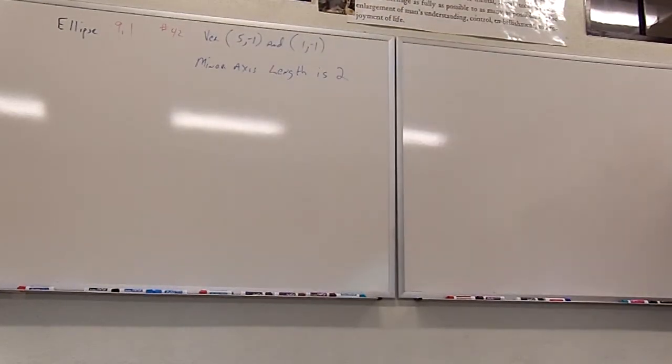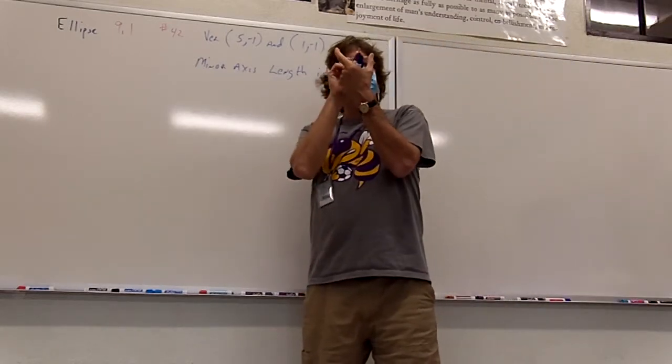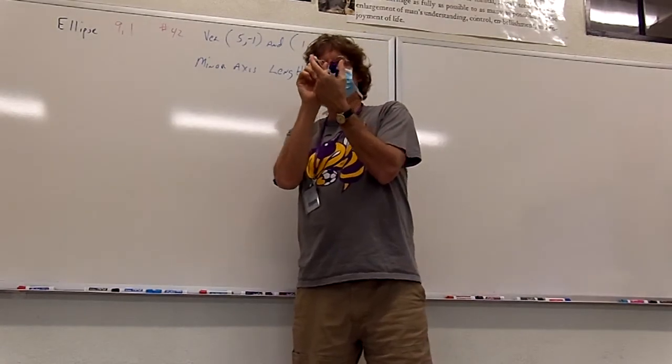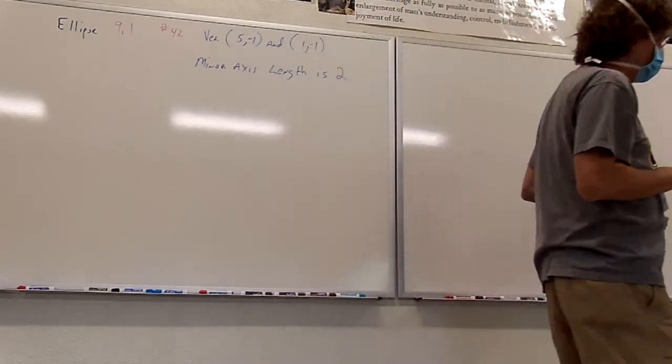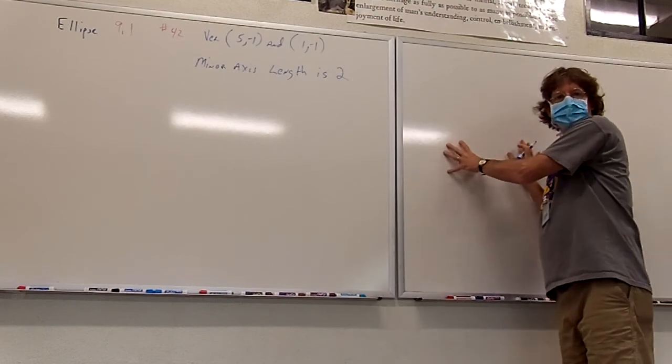Now, if the minor axis length is 2, how far did you really count both ways from the center? 4? Be careful. It's too long, so you only counted what? 1 and 1. Is that okay? Yeah, 1 and 1. That's all right. And what I should have done before I even asked that question is go over here and make a little picture.